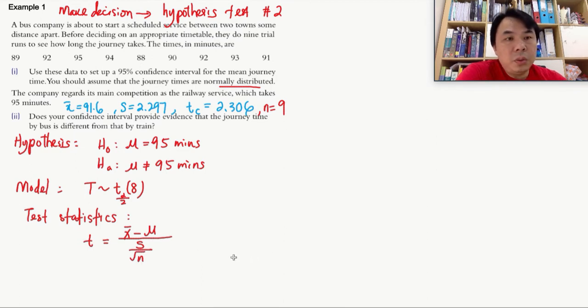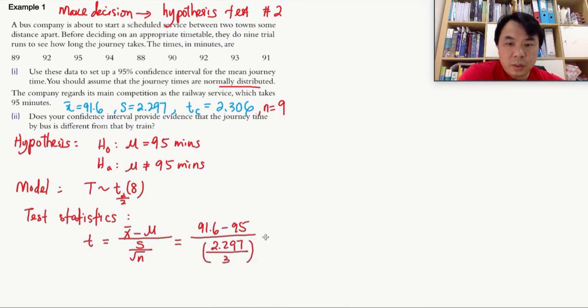Now that will be the formula we are going to use to calculate the observed test statistic in this case. For all the information that we obtain, we're going to write this down as 91.6, subtract off the mean, which is 95, divided by the sample standard deviation, which is 2.297, over the square root of 9, which is 3 here.